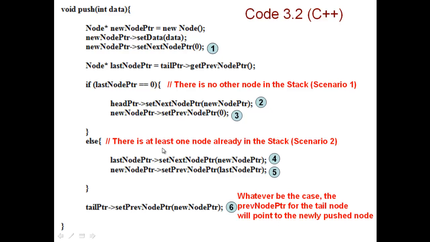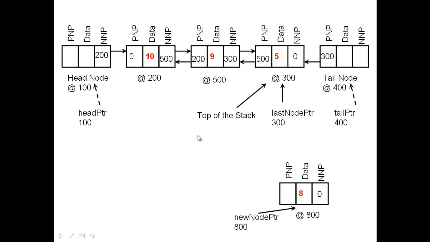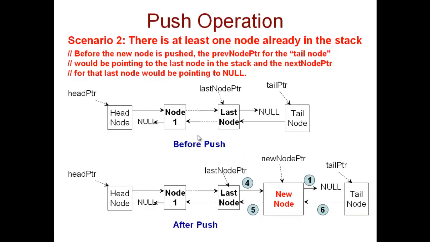That means the stack has at least one element already there, and we are pushing that new data to the top of that stack that we currently have. So these are the two scenarios we have to handle, and that's what I have shown here as a separate slide, the two scenarios.